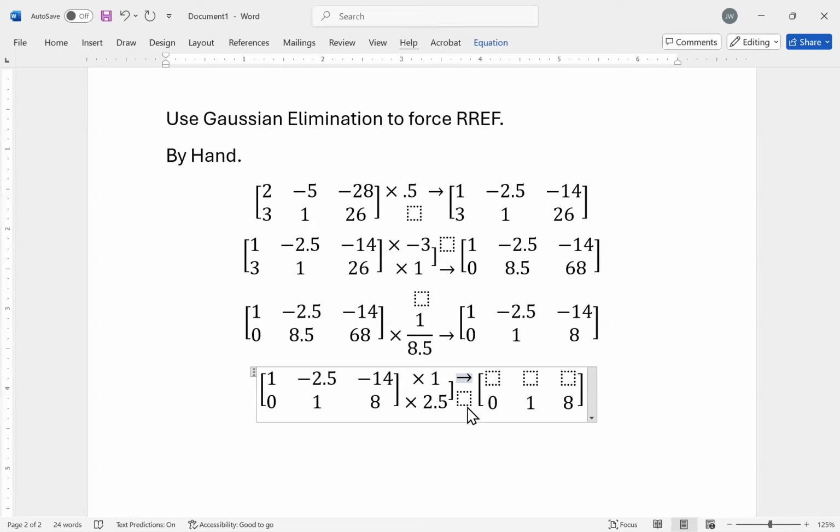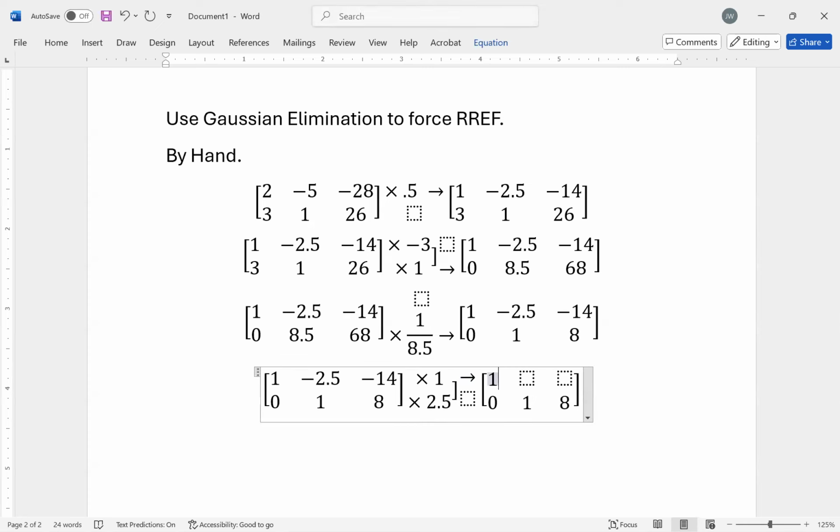So here we go. I've written that down. I'm going to multiply the second row by 2.5 and then add it to the first row multiplied by 1. If I multiply the first row by 1, I get 1 times 1, plus 0 times 2.5.